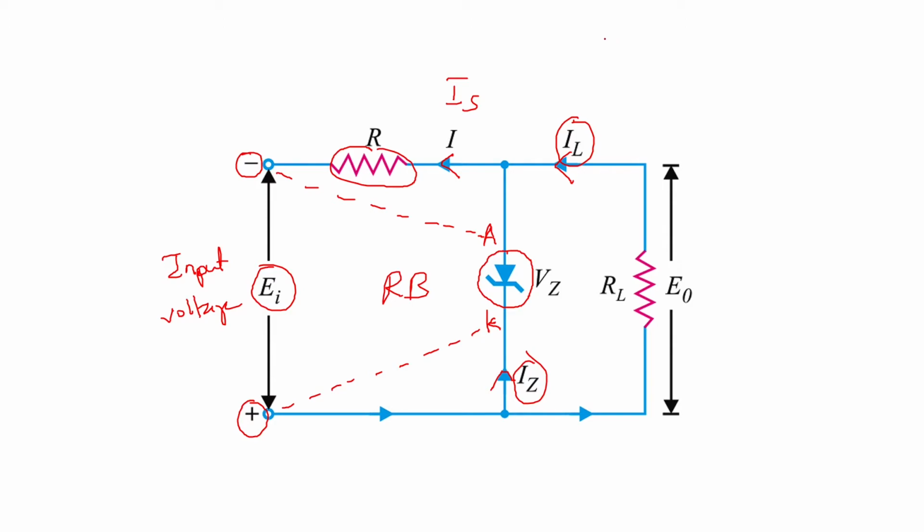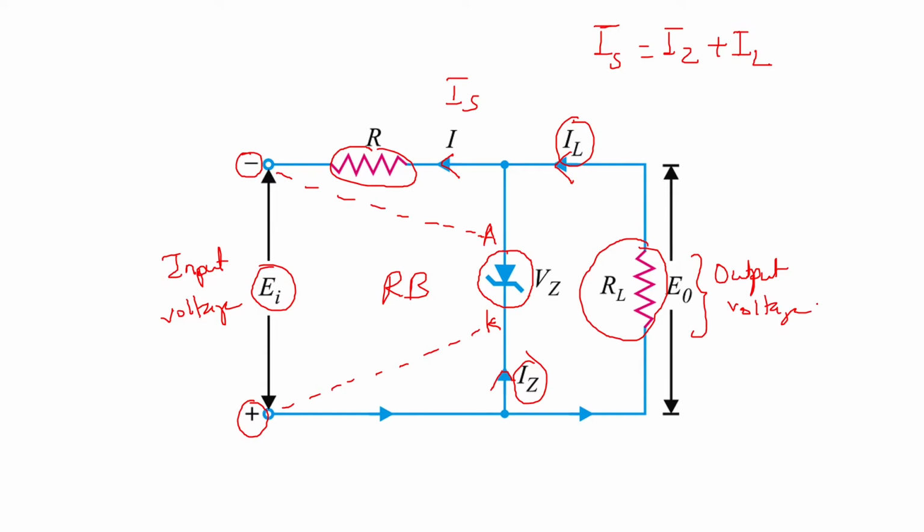Here also, the current I or IS will be equal to the Zener current plus the load current. Here you have your load resistance RL, and whatever current flows through that resistance, current multiplied by resistance will give you the voltage. So E naught will be your output voltage.